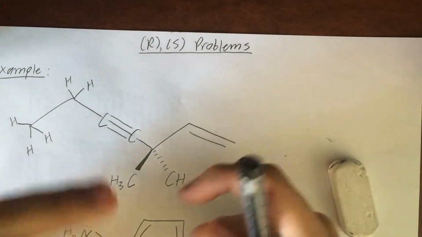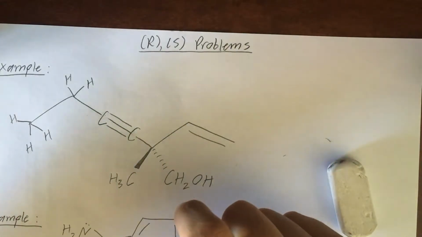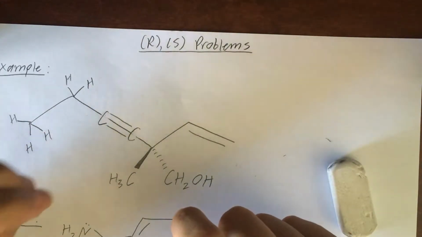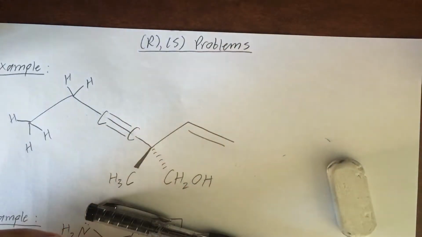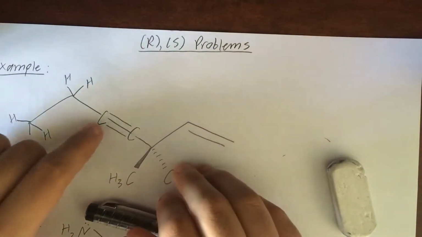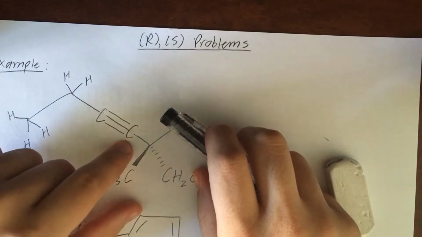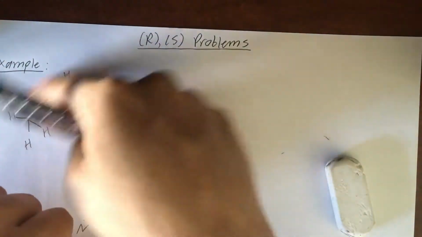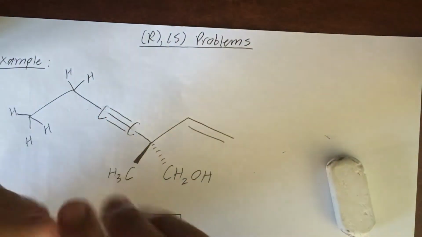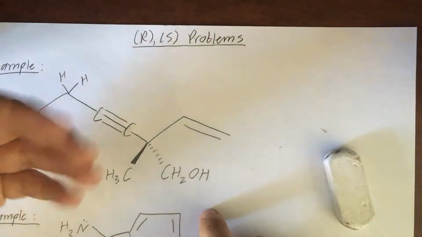Those 2 substituents are quite different from one another. However, again, in order for an atom to be chiral, it's got to be bonded to 4 different substituents, not 2. Therefore, this center is also achiral. You can make a similar case with this carbon atom over here. It's only bonded to 2 different substituents, not 4 different ones. Therefore, this carbon atom is also achiral.